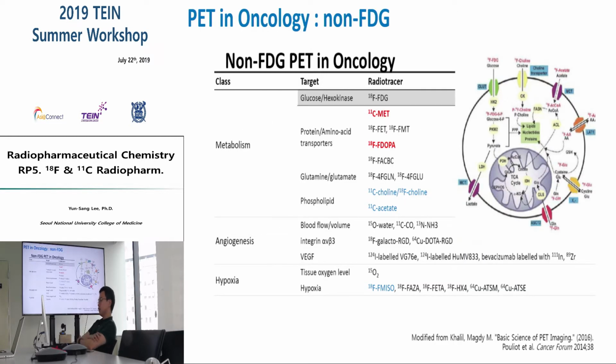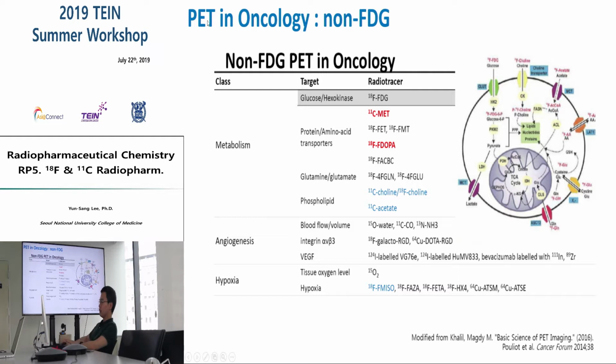And first, I would like to discuss some PET agents in oncology, agents which are non-FDG. Although FDG PET is the widely used method, we also need to have some interest in other non-FDG PET agents. These agents can be classified by their way of targeting.